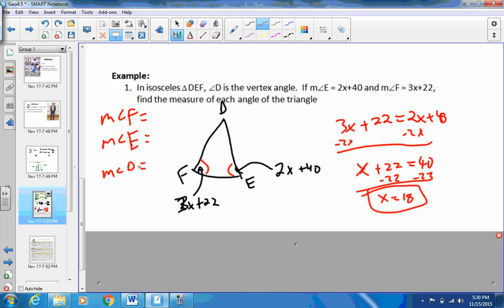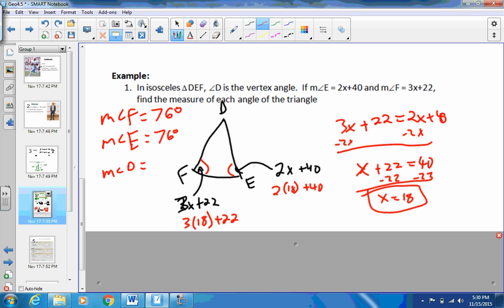So the measure of angle F, if I plug in for x, would be 3 times 18 plus 22. 3 times 18 would be 54. 54 plus 22 would be 76. If I plug in for this one, 2 times 18 plus 40, that would be 36 plus 40, which would be 76. That means that those two are correct.